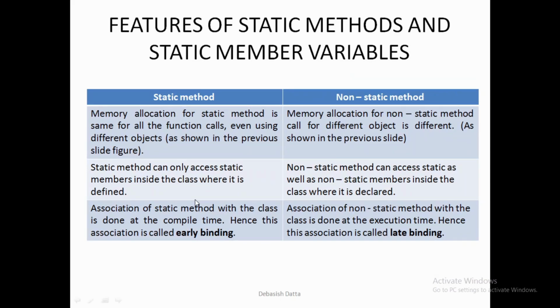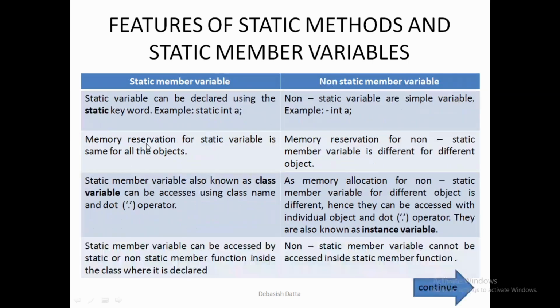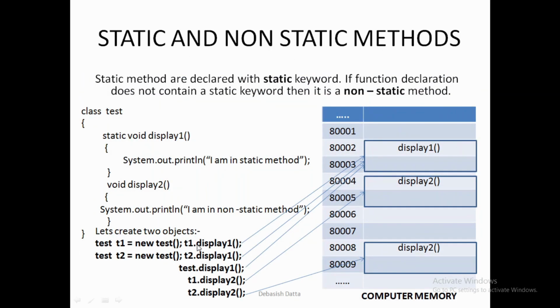Now, static method: what it tells is that memory allocation for a static method is the same for all function calls, even using different objects. We have seen here that even when we call the display one method, which is a static method, using different objects, the same memory location is being referenced.